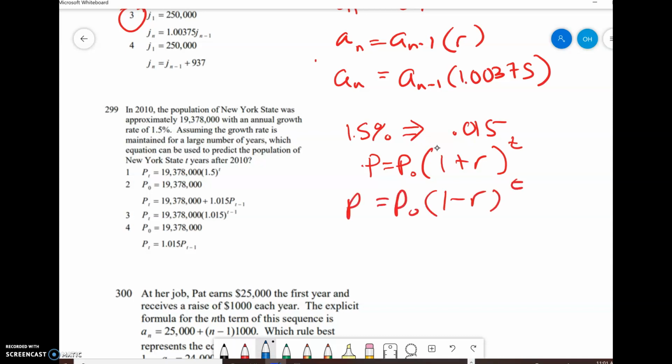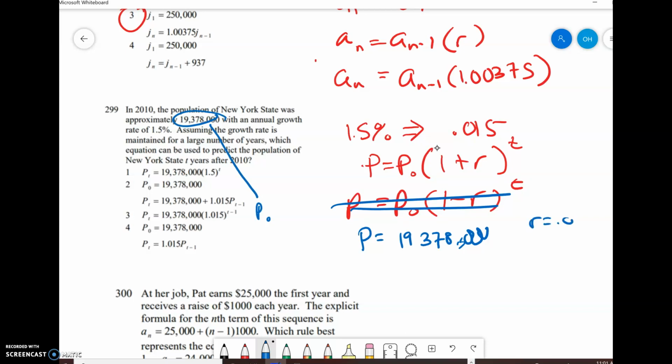Okay, but this one is growth. So we have 19,378,000 as your initial amount. That's your p naught. And then r is 0.015. So if you plug that in, it's going to be times 1 plus 0.015 to the t.